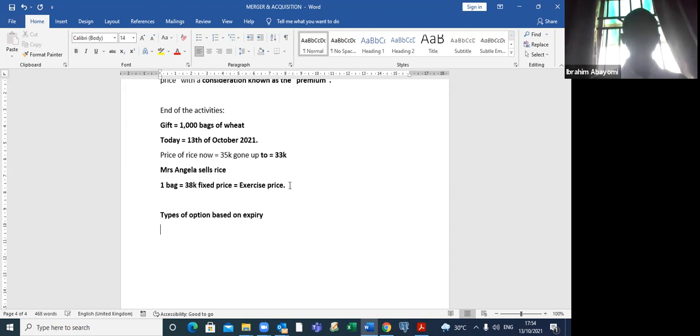We want to classify option based on the expiration period, the time the option will expire or the time you can exercise your rights.